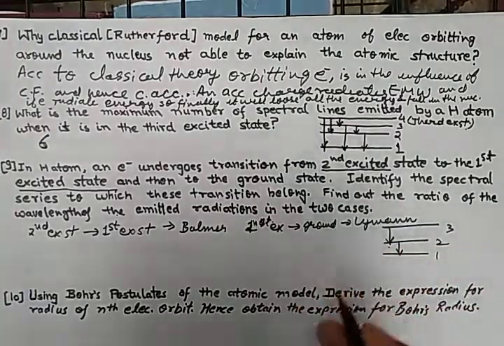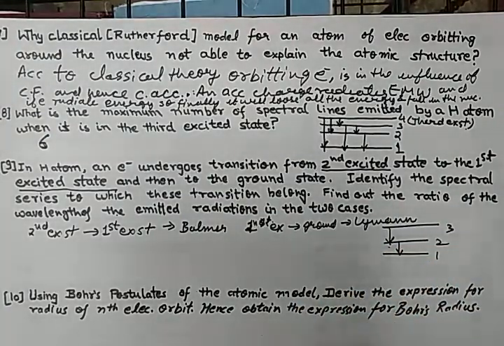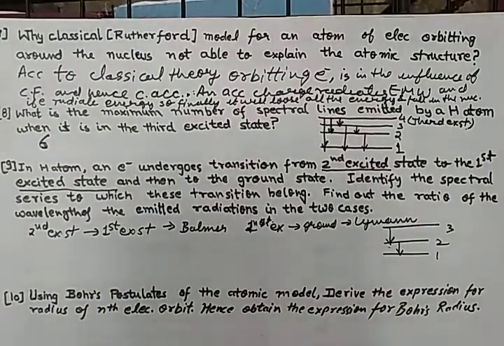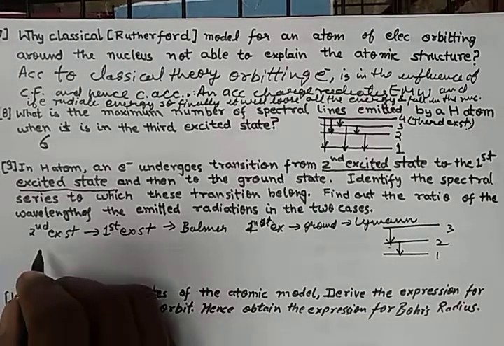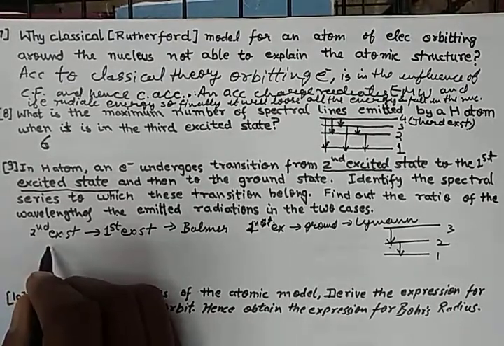They can also ask which one of them can be seen through naked eyes, or is visible, so that will be the first transition. Okay, now they are asking to find the ratio of wavelengths of the energy emitted. So ultimately what we will do is find the energy in the first transition.